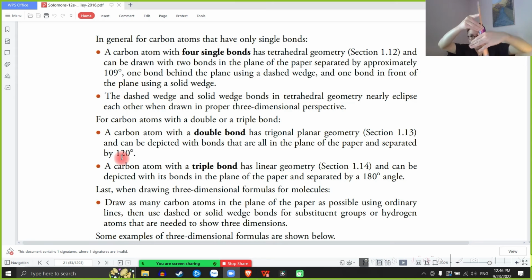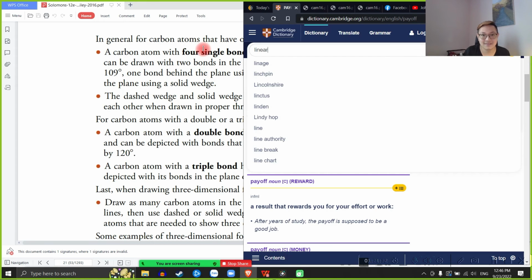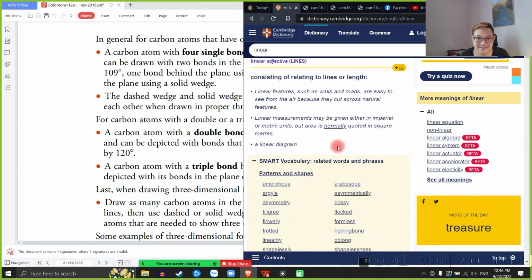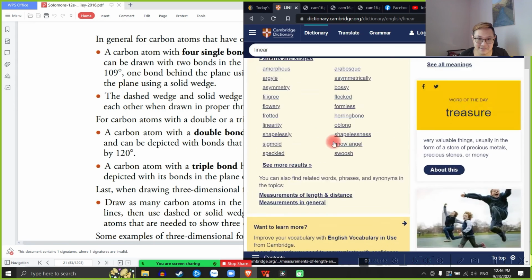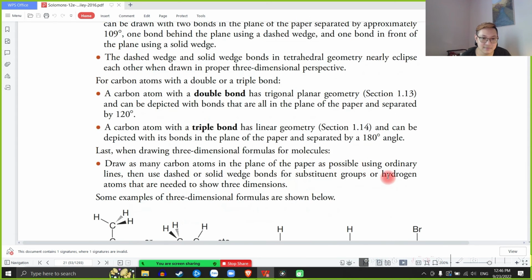Line. Linear. Wait, is it linear or linear? Let me check, because now I study linear algebra. Oh my god. Linear. US, UK is all linear, yeah. Weird, right? It's linear. And of course, because of linear, it's a 180-degree angle.